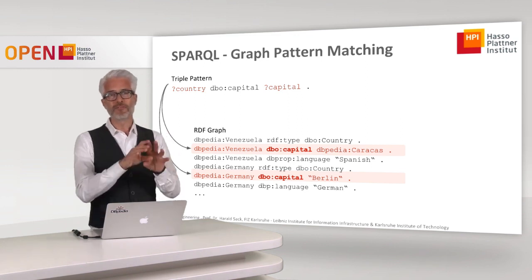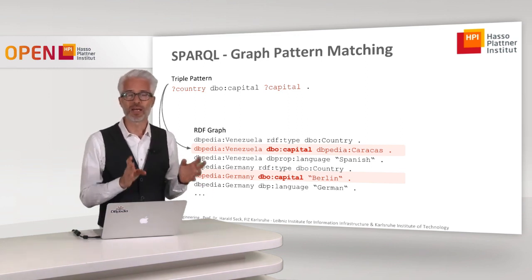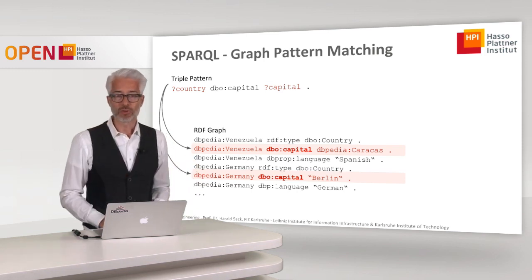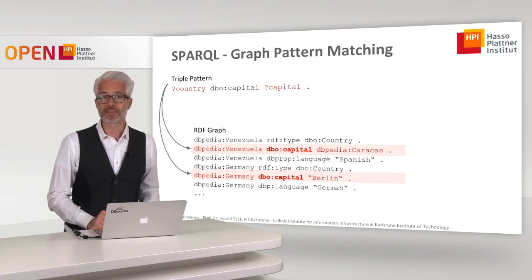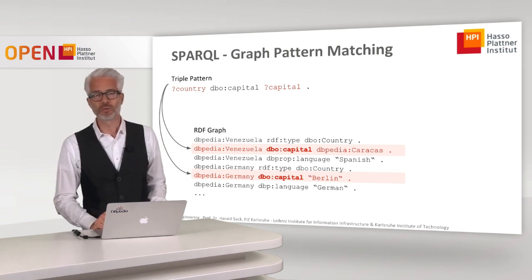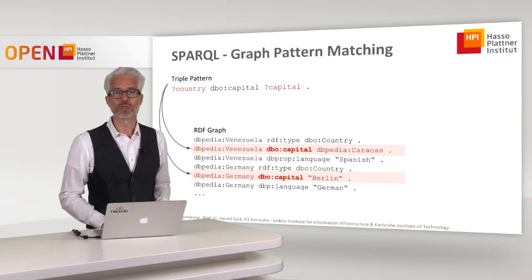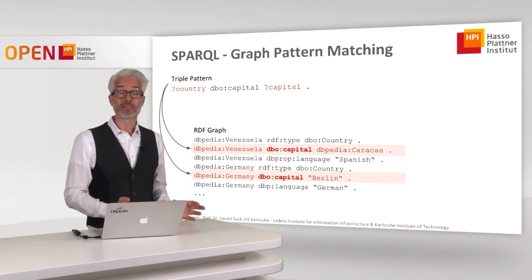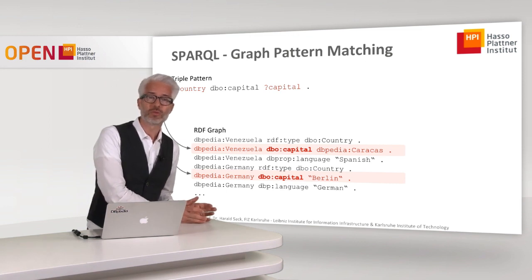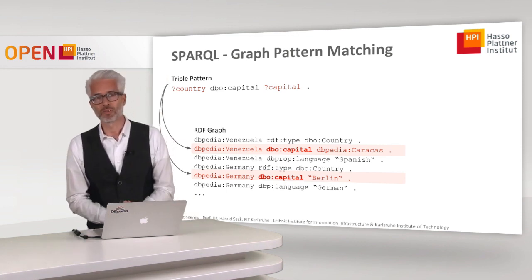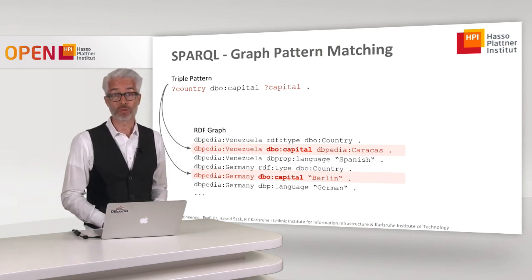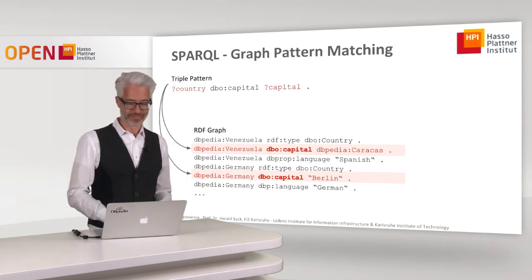So you see these fixed parts of the graph pattern, they are compared to the RDF graph and will be returned. And the variables then will be filled according to the other parts of the triple, which in the triple pattern are identified via the variables. So country would be the subject, capital would be the object, and they will be returned in the result. This is how SPARQL works, and this is pretty simple, isn't it?